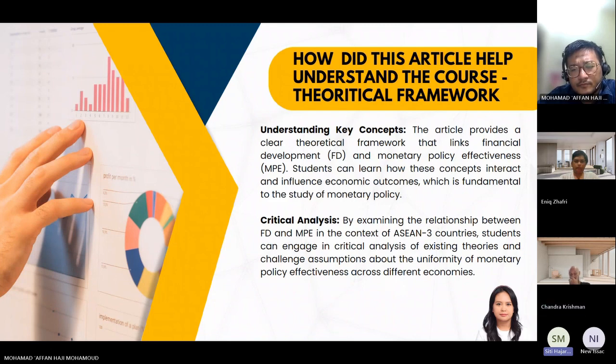It also provides a clear framework that shows how these two concepts are connected. By understanding this relationship, we can see how the financial system influences economic outcomes like growth, which is fundamental to the study of monetary policy.